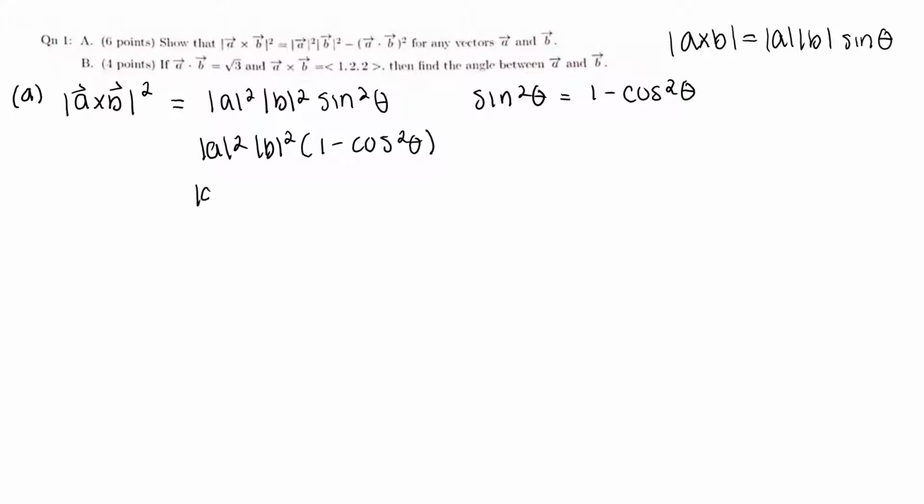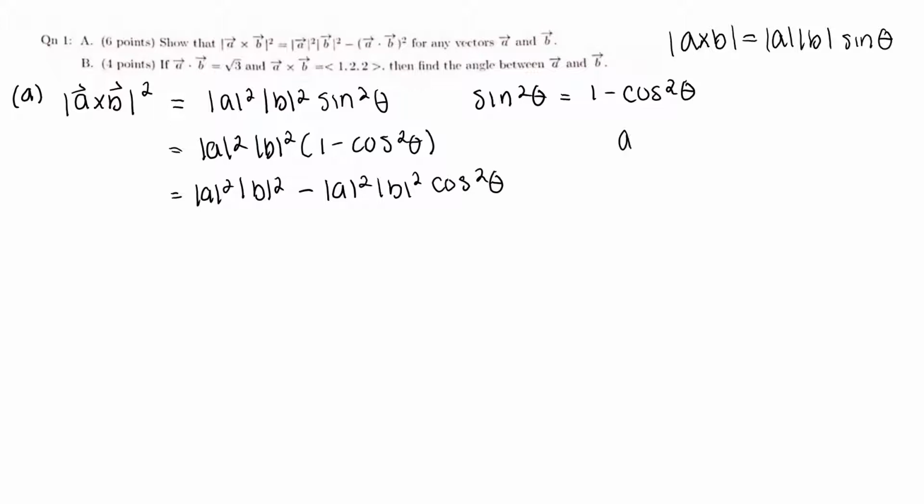Distributing out, we get the magnitude of a squared times the magnitude of b squared minus the magnitude of a squared times the magnitude of b squared cosine squared theta.